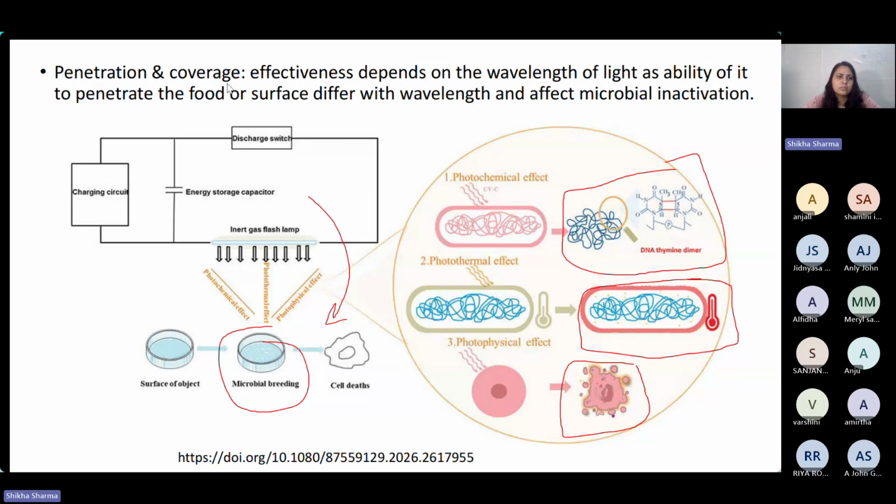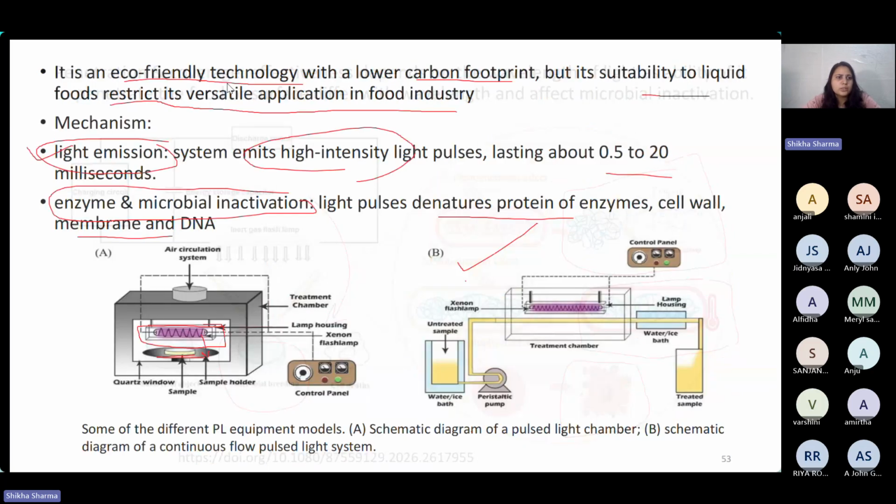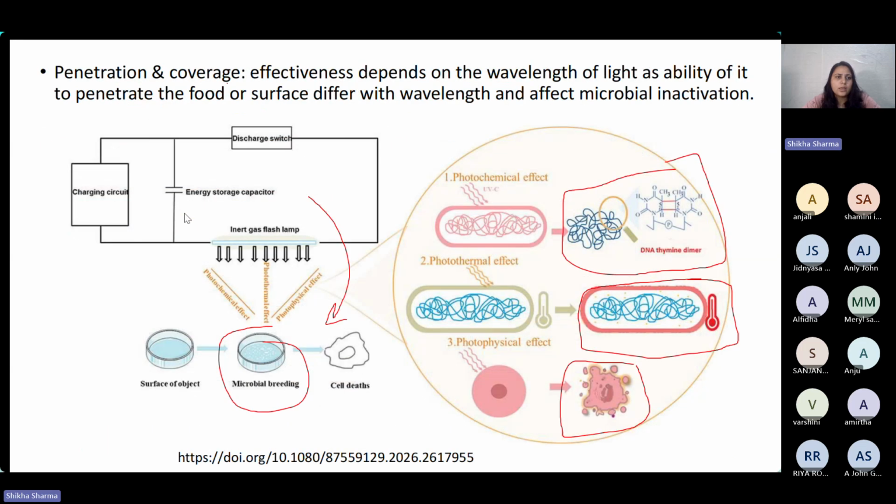Apart from light emission and inactivation of microorganisms and enzymes, there is also penetration and coverage. The wavelength of the light is able to penetrate the food or surface depending on which wavelength we are using, so it can also go inside the food and deactivate the microorganism.